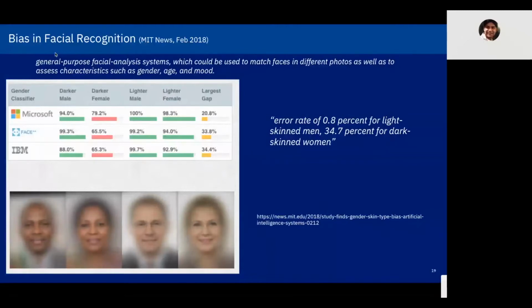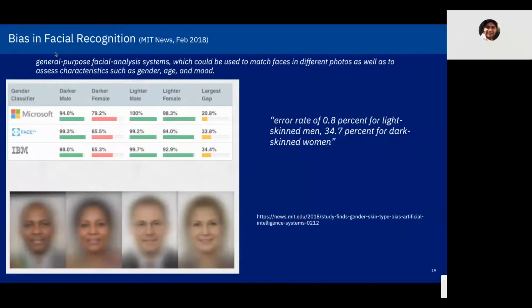Now, if you look at examples of cognitive bias in machine learning, there was big news in February 2018, where they compared various vendors on face recognition software, and they found that there is an error rate of around 0.8% for light-skinned men. But when you point images of dark-skinned women at the models, the error rate goes as high as 34.7%.